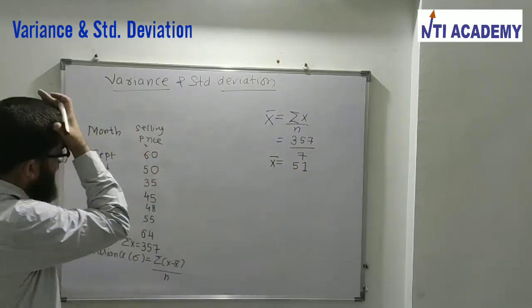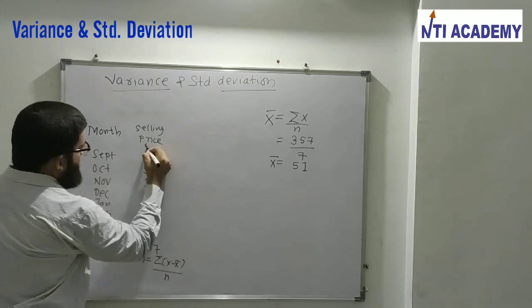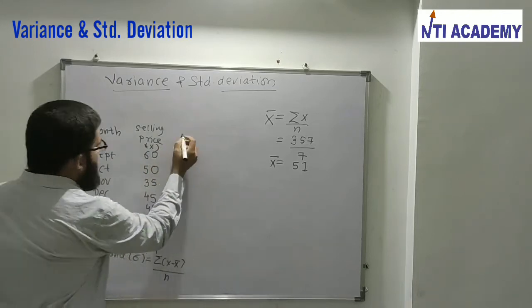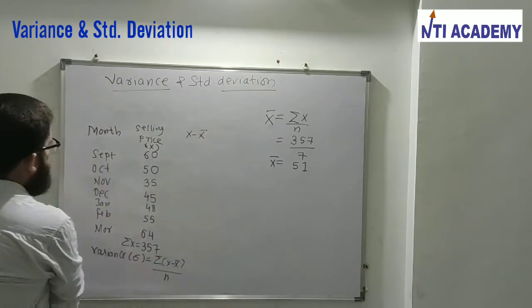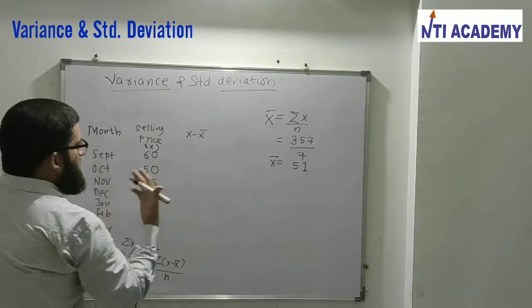Now we have the x bar. You have to find x minus x bar, and also take the square of that.